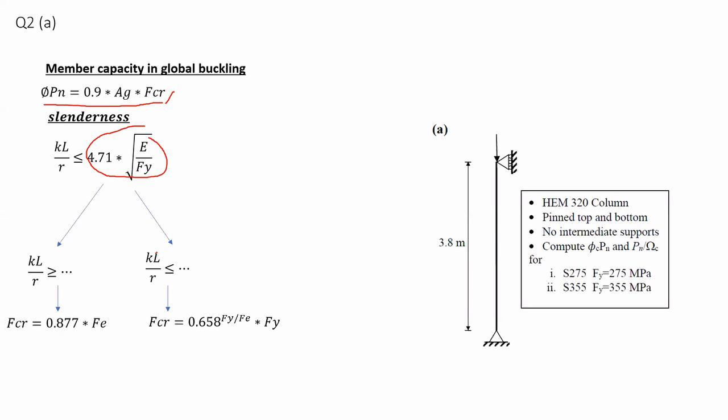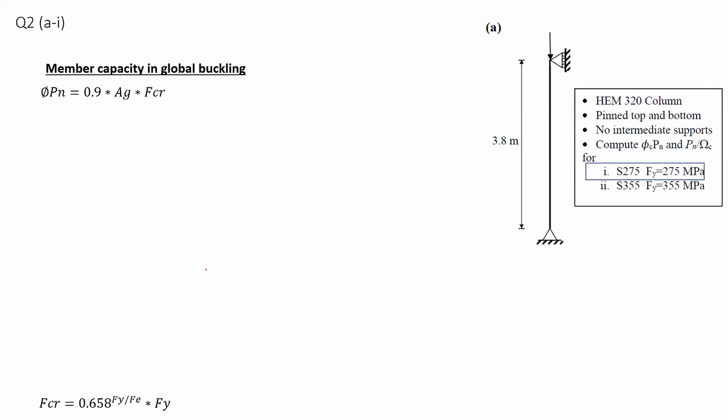But if KL over r is less than or equal to this part, Fcr would be the other equation, as we can see here. As you can see, we have this term Fe. What is Fe? We can find it from Euler's buckling equation: pi squared multiplied by the modulus of elasticity divided by (KL over r) squared. So mainly we will be using these equations to find the capacity of a column in compression.